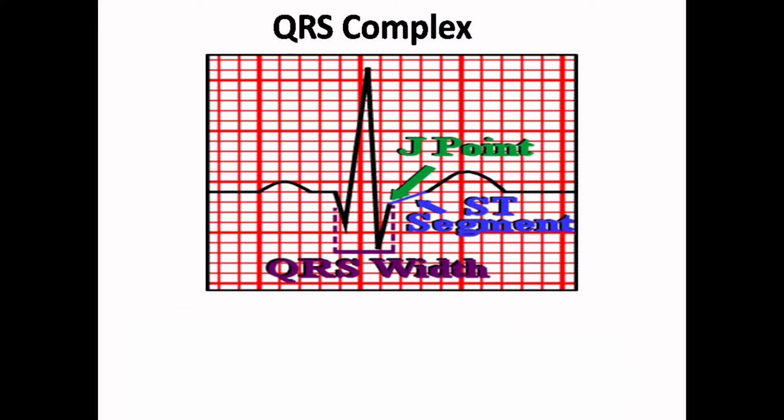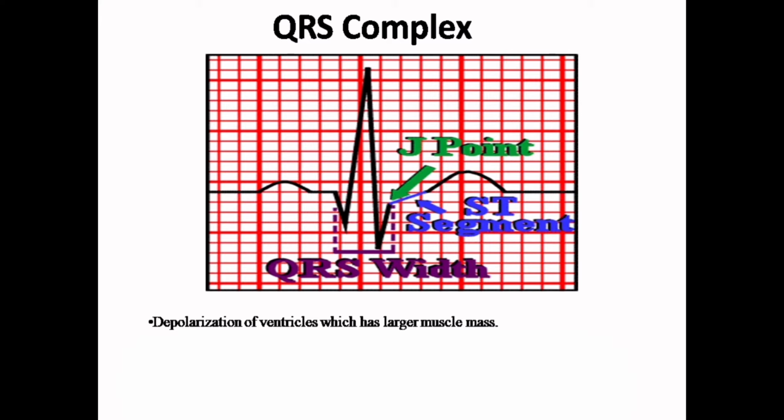Next we'll move on to the QRS complex. So QRS complex represents the depolarization of the ventricles which has larger muscle mass. So the depolarization of ventricles, also known as ventricular contraction.